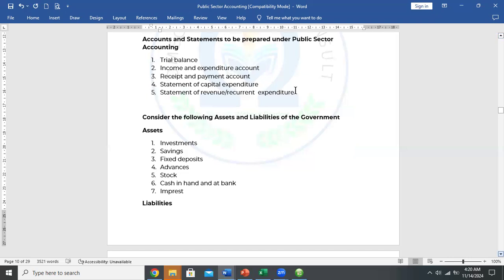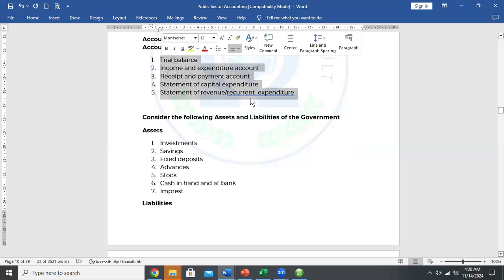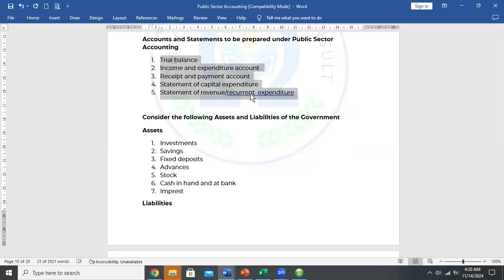So please, these are the highly examinable areas where you can be asked to prepare accounts and statements. So note them carefully. Trial balance, income and expenditure accounts, so we'll be comparing the income of the government to the expenses, right? Receipt and payment, which is more or less like the cash book. So when the government receives money, you record it in this book, and when it is paying money, you record it in this book.